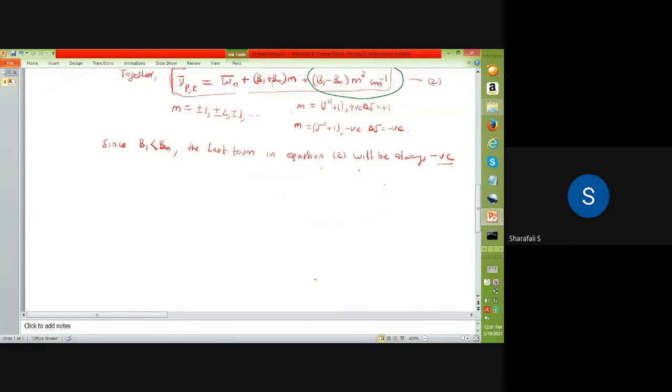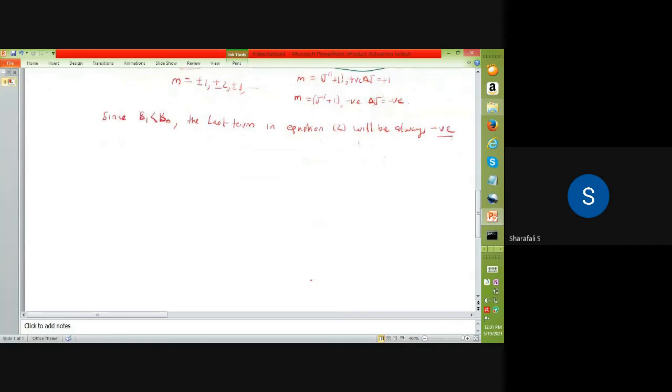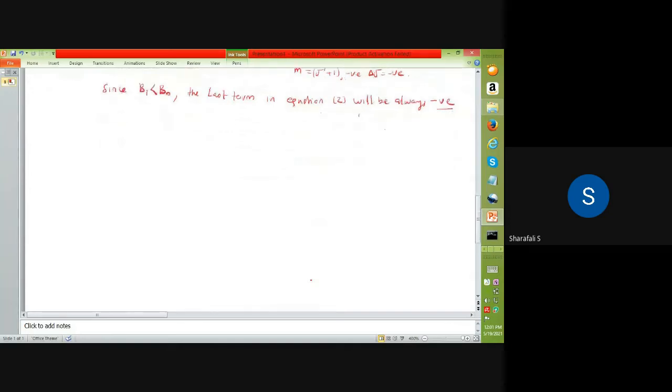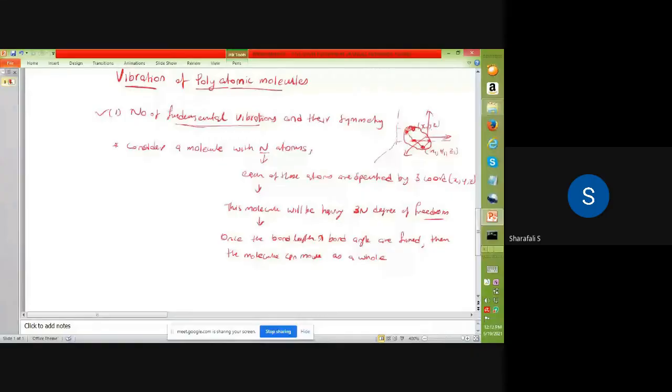Now we will discuss the vibration of polyatomic molecules. So far we discussed the vibration of the diatomic molecule. Now consider a molecule with n atoms.